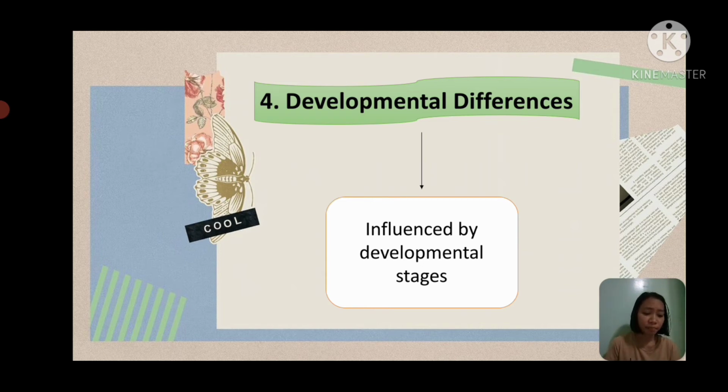A teacher will understand that their students come from diverse backgrounds and have unique personal and individual differences.